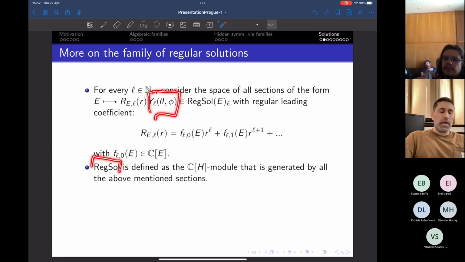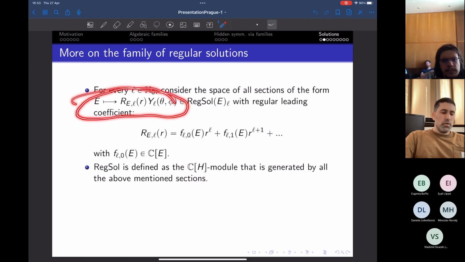So let's define regsol with no parameters as the C of H module that is generated by all such things as L varies over non-negative integers, and let C of H act on everything.